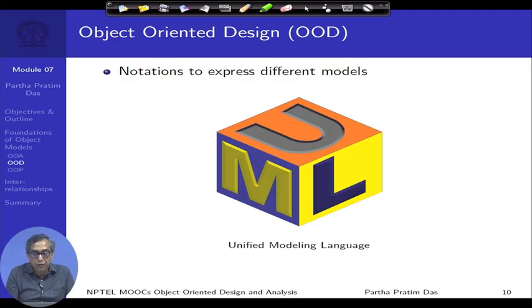So far we are saying that this is a concrete object, these are concrete attributes, these are messages, services, operations and so on, but we need a mechanism to represent all these logical models, physical models, behavioral models and so on in some well defined, well structured language, and we will talk about that language, which is called the UML or the Unified Modeling Language.